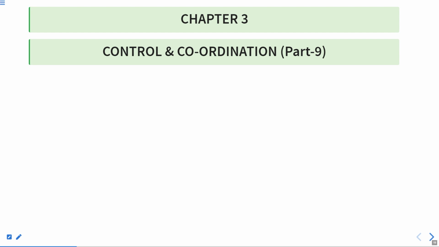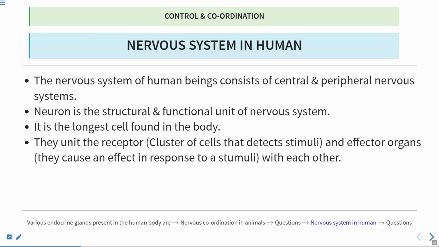Then in the previous lecture, we studied about the nervous system of Hydra as well as the nervous system of the grasshopper. Alright, so now in this lecture, we'll be studying about the nervous system in humans. Humans are complex organisms, so they have a complex nervous system.